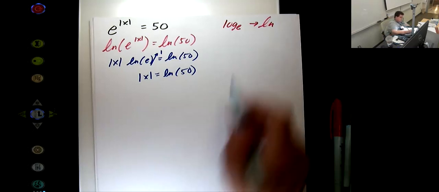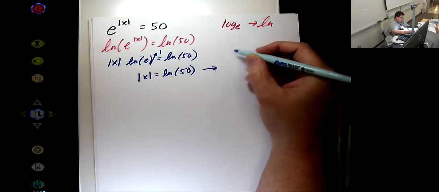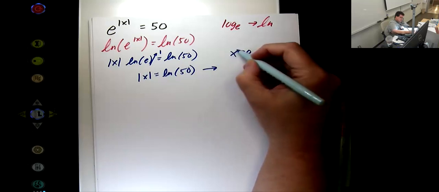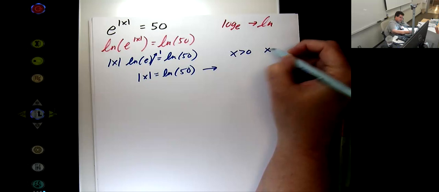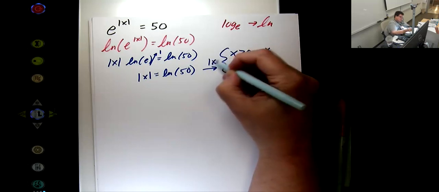So we're almost done here. Absolute value means if x is greater than 0, it's just x. And if x is less than 0, you do negative x. That's what absolute value of x is.